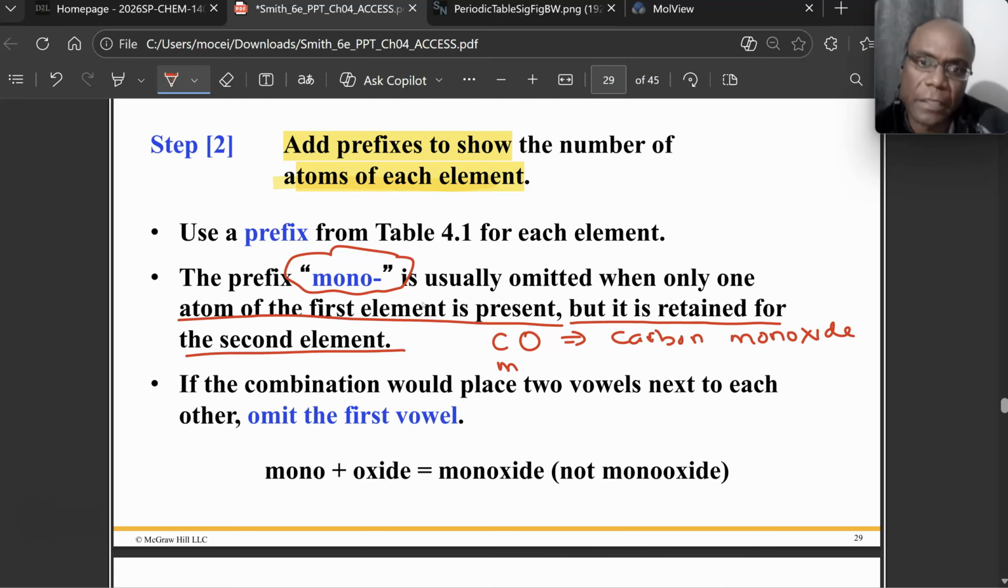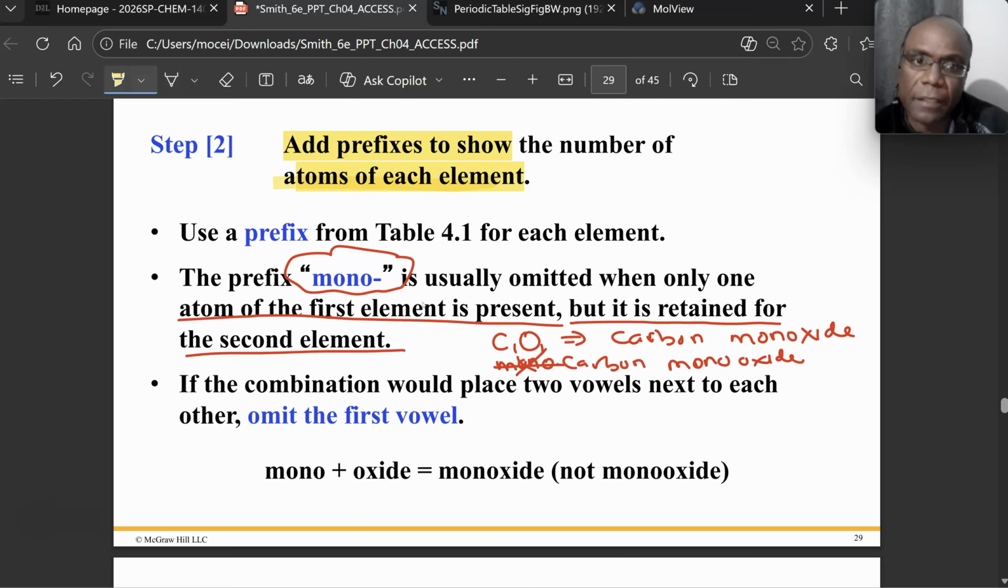There's one carbon, one oxygen, rather than calling it monocarbon monooxide. No, that is redundant. So the correct name will be carbon monoxide. You omit the mono for the first element, the carbon, but you mention it for the second element, the oxygen, to be carbon monoxide.